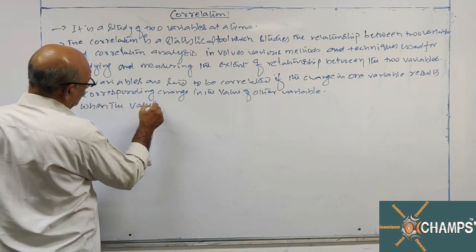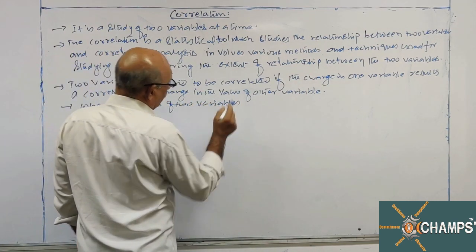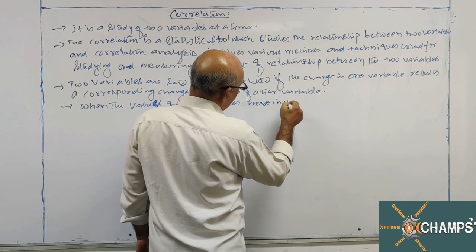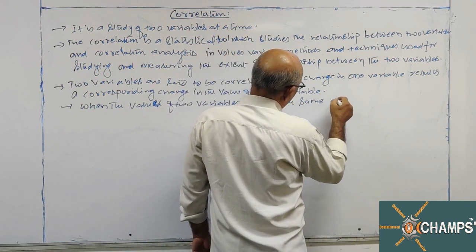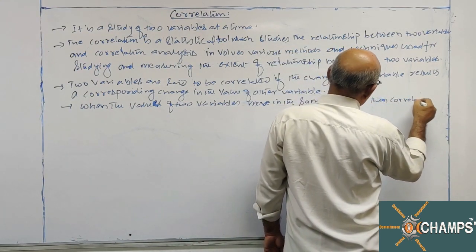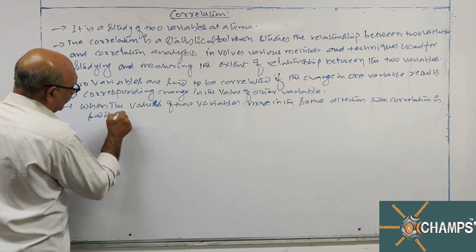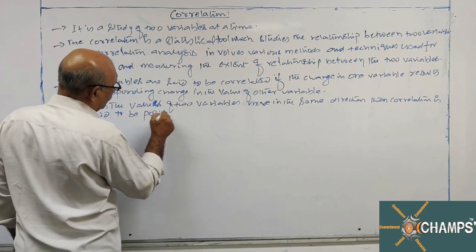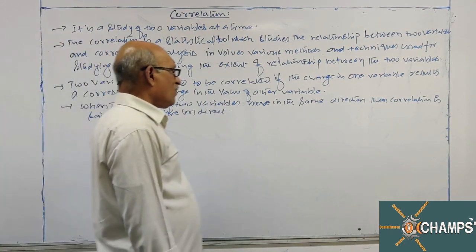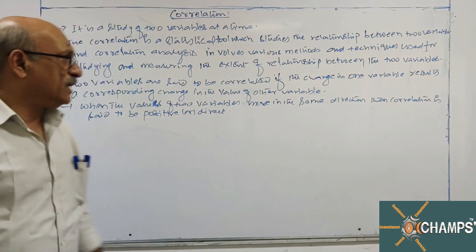Next point. When the values of two variables move in the same direction, then correlation is said to be positive or direct.